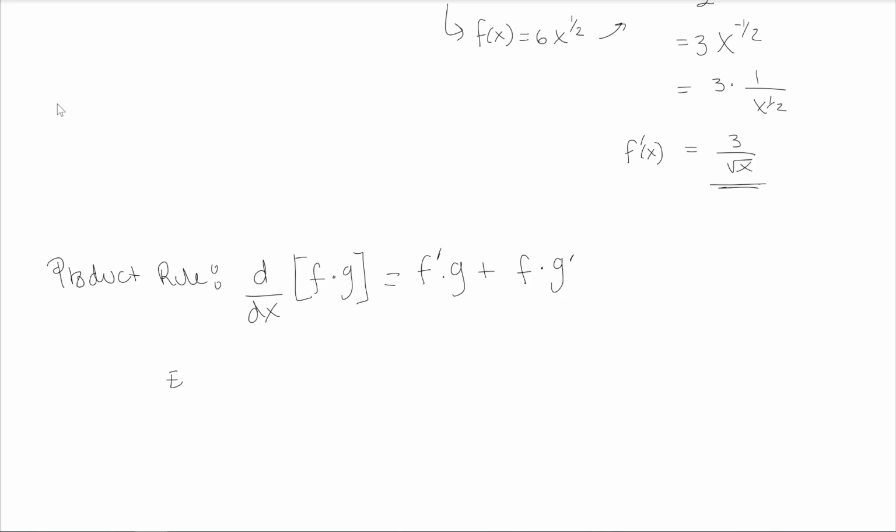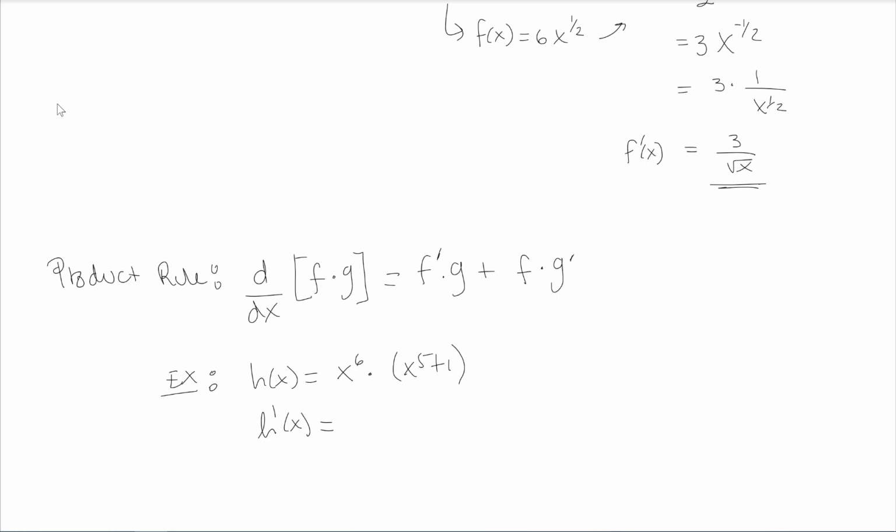So for example, if I had some function h of x equals, say, x to the 6 times x to the 5th plus 1, of course we could just multiply it through and get the derivative, but let's practice the product rule.